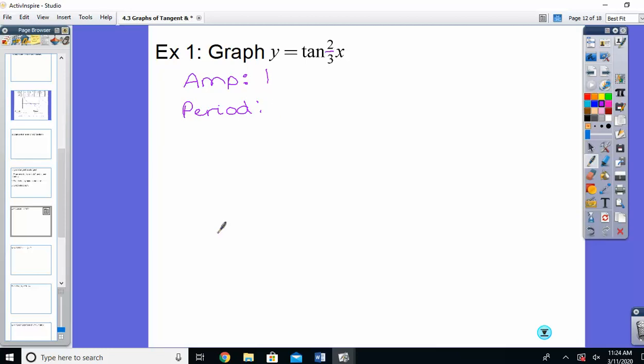For sine and cosine, we did 2 pi divided by the coefficient of x because it took a length of 2 pi before sine and cosine repeated themselves. How long does it take before tangent and cotangent repeat? Pi. So it will be just pi divided by the coefficient of x. It should give me 3 pi over 2.